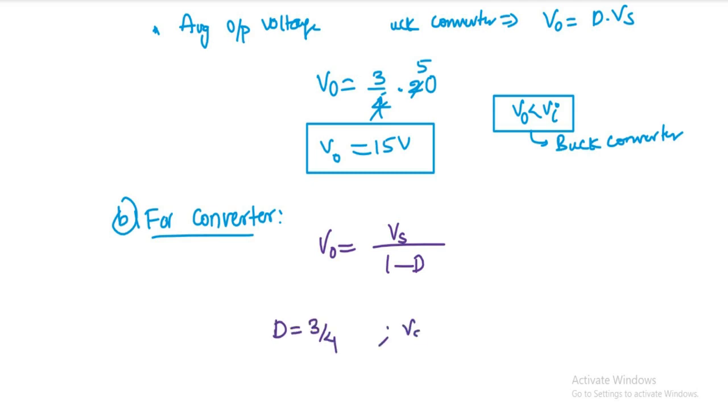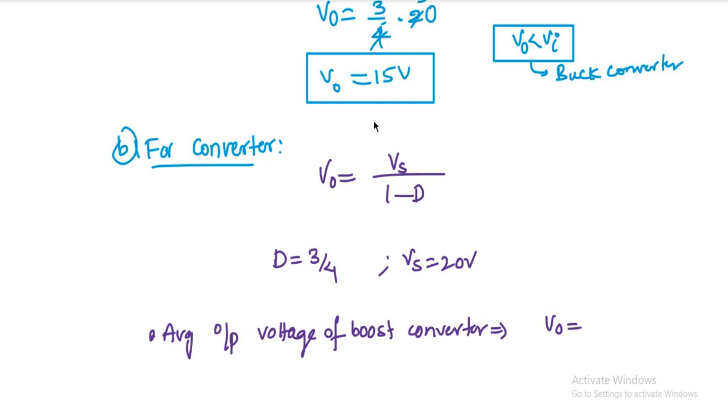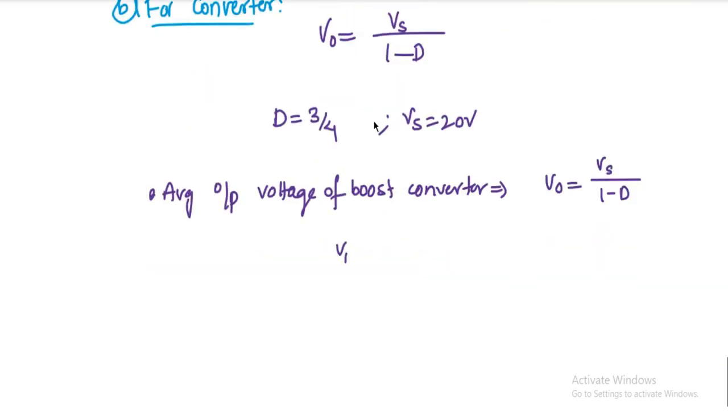By substituting these values, we get the average output voltage of the boost converter. V0 equals source voltage by (1 minus D), which is 20 by (1 minus 3 by 4).